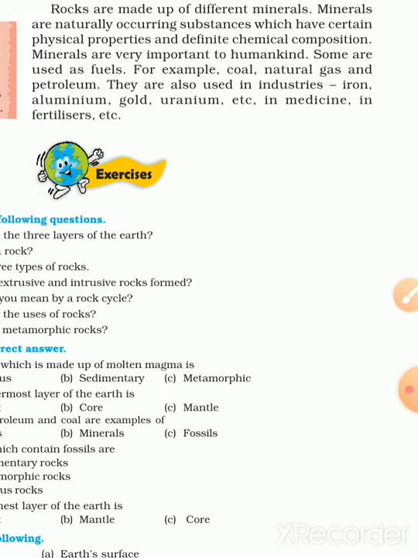In which way are minerals important to humankind? We use minerals as fuels, for example coal, natural gas and petroleum. They are also used in industries, that is iron, aluminium, gold, uranium, etc., in medicine, in fertilizers and so on.